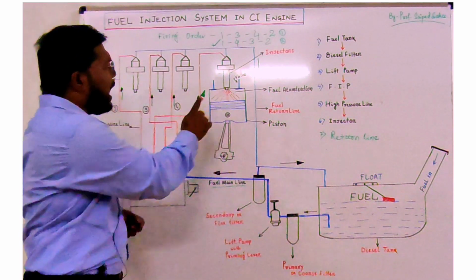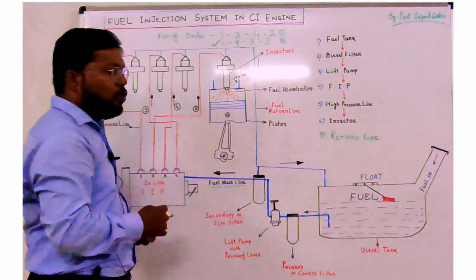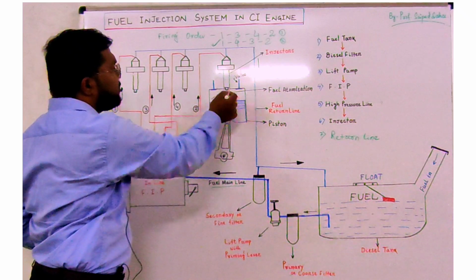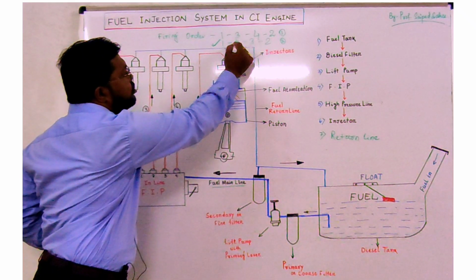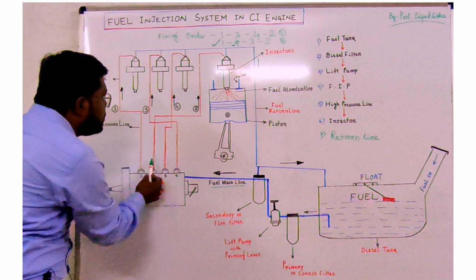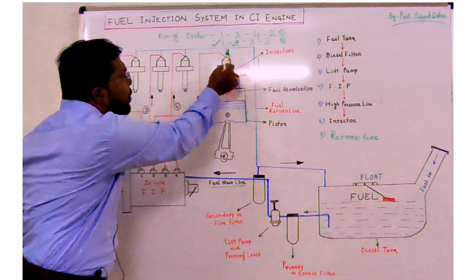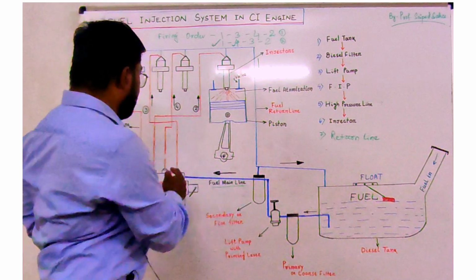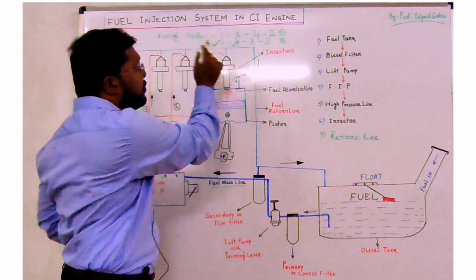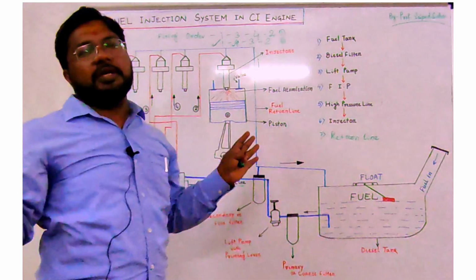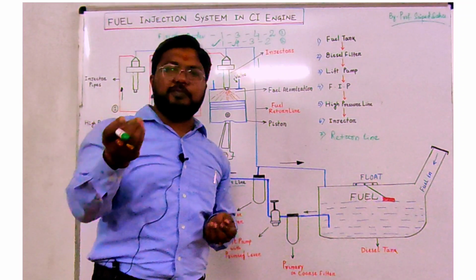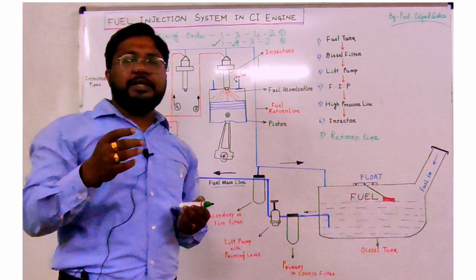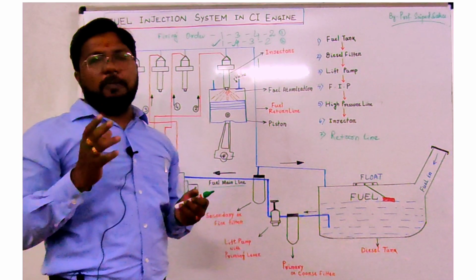Now I have taken this number 4 cylinder, which in the firing order is 2. So this passage you see is connected to the number 4 cylinder injector. The injector's name comes from injection. What the injector is doing is that it increases the velocity.